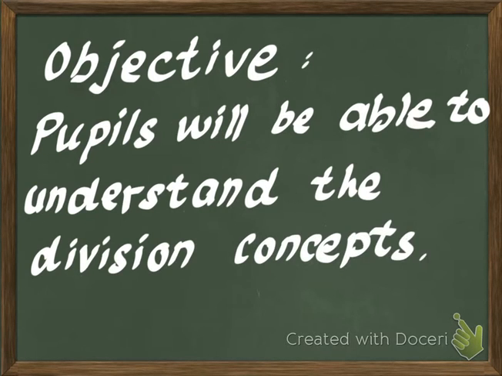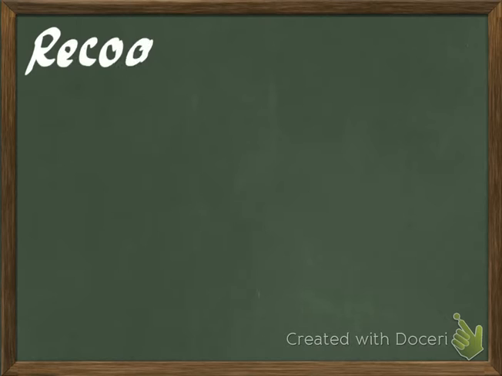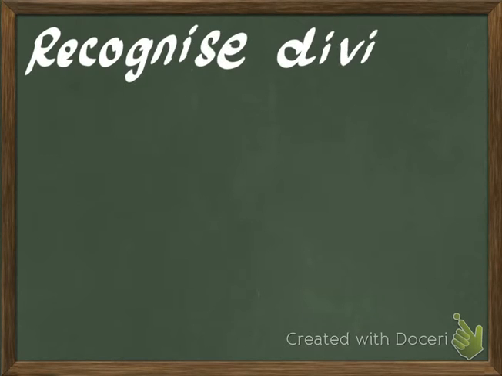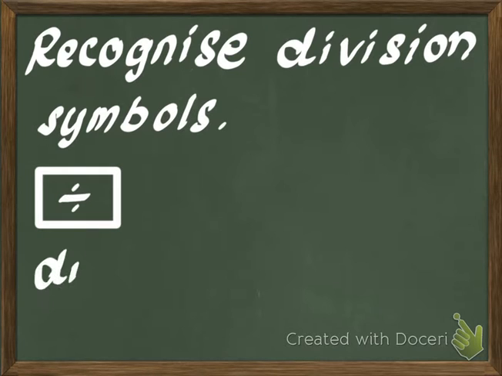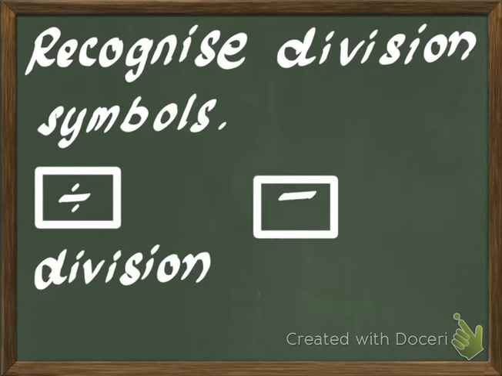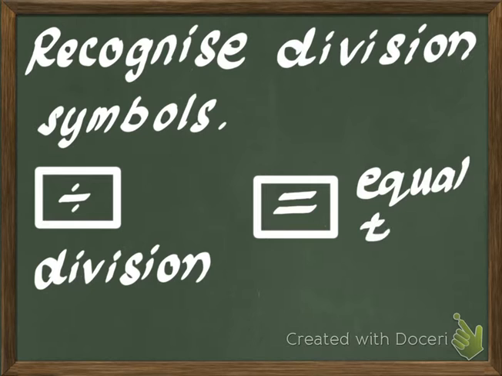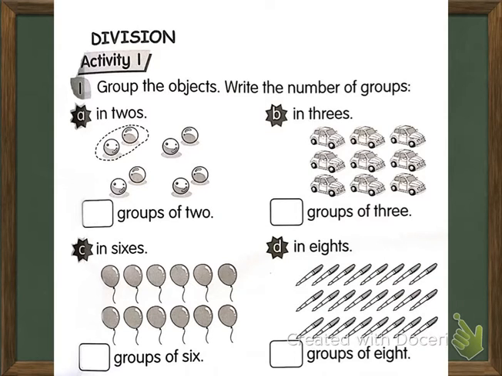The division concepts. First, you have to recognize the division symbol. This is division. This is the equals symbol. Look at this picture. Division, Activity 1.